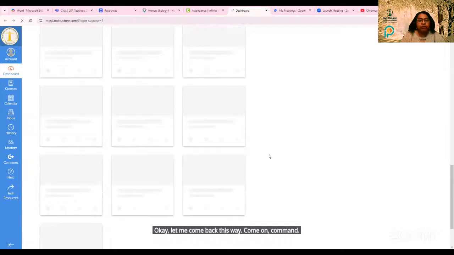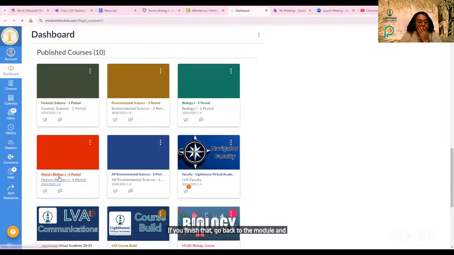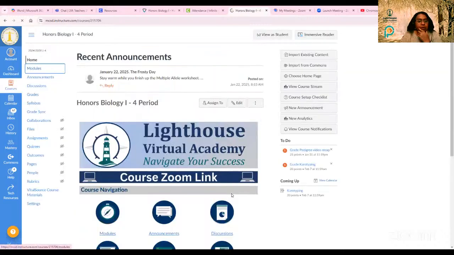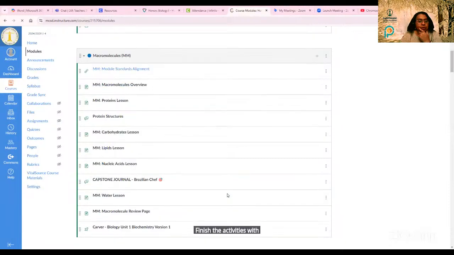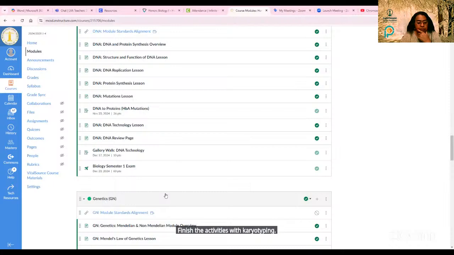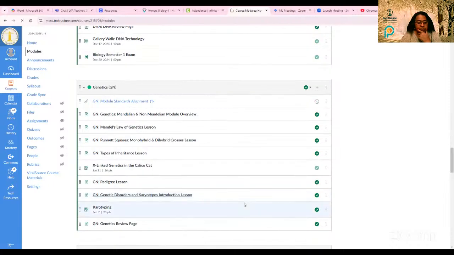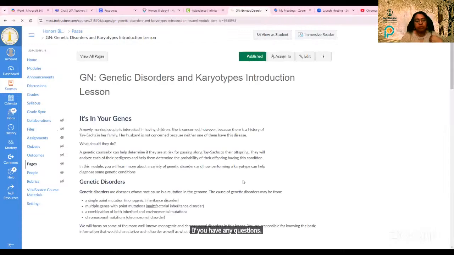If you finish that, go back to the module and finish the activities with karyotyping. If you have any questions, please don't hesitate to ask.